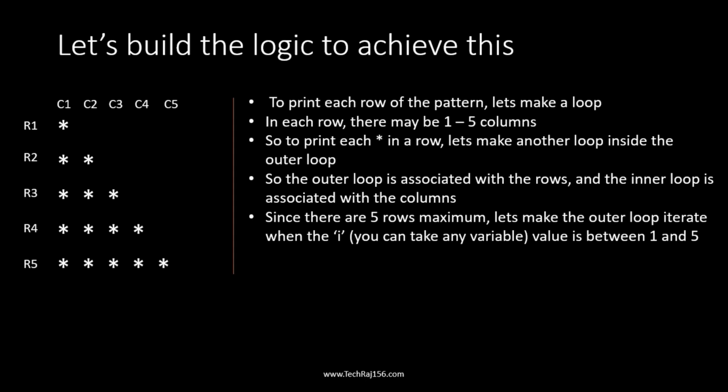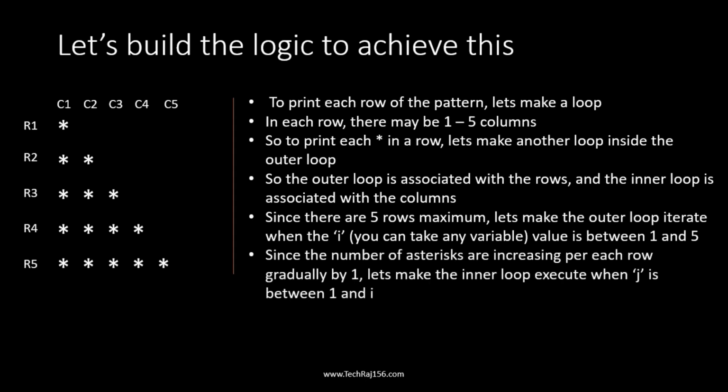Since the number of asterisks increases per row gradually by 1, let's make the inner loop execute when j is between 1 and I. What this means is the inner loop is going to be executed as long as the variable j is between 1 and I. For example, if the value of I is 1, then the inner loop is going to be executed only once, because 1 is less than or equal to 1.